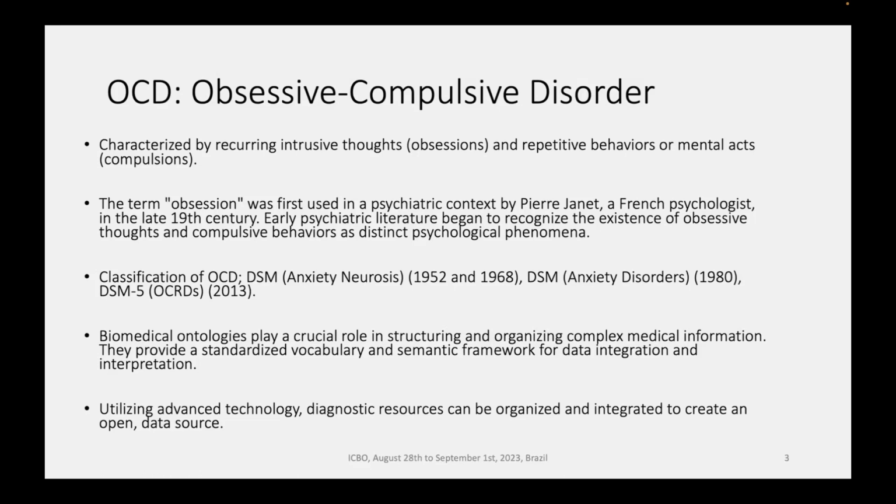The categorization of OCD was updated recently in 2013 in the 5th version of DSM to be a type of obsessive compulsive and related disorder. This categorization indicates the unique characteristic of OCD and its related disorders.